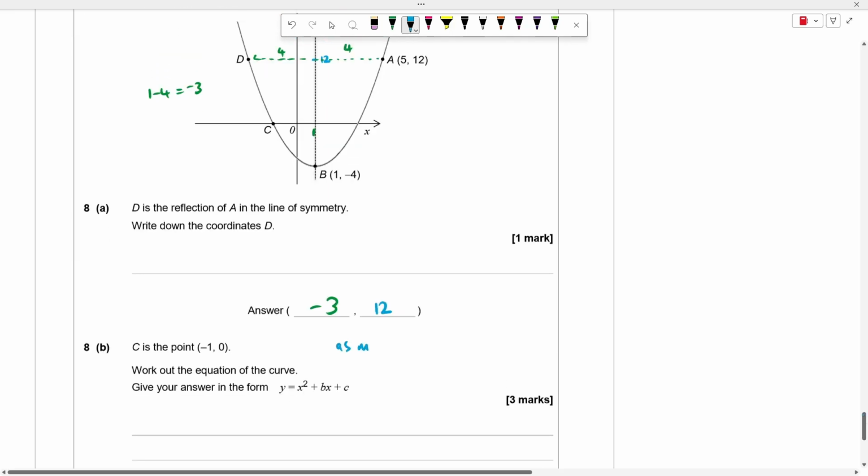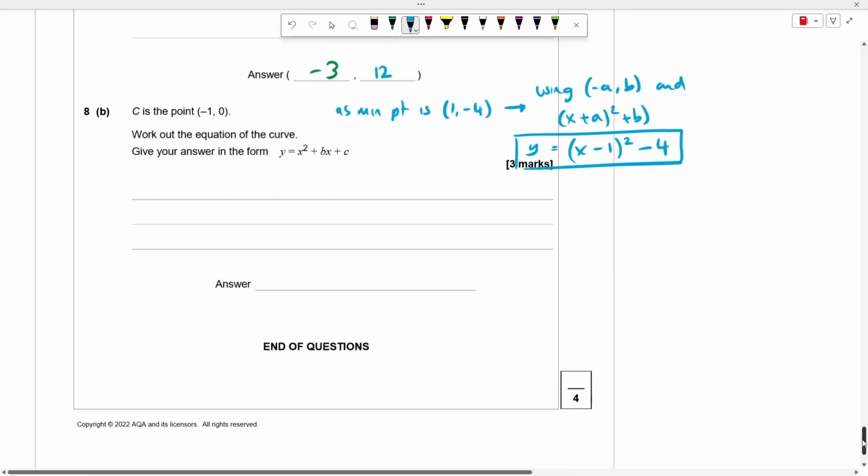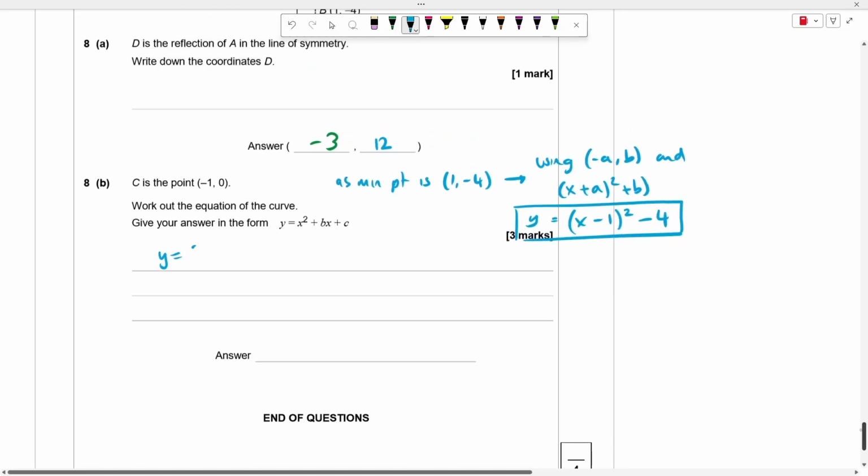So as the minimum point is 1, -4, then using (x plus a) squared plus b, we get (x minus 1) squared minus 4. From this, we can work out what the equation of the line is going to be. So we've got y equals (x minus 1) squared minus 4.